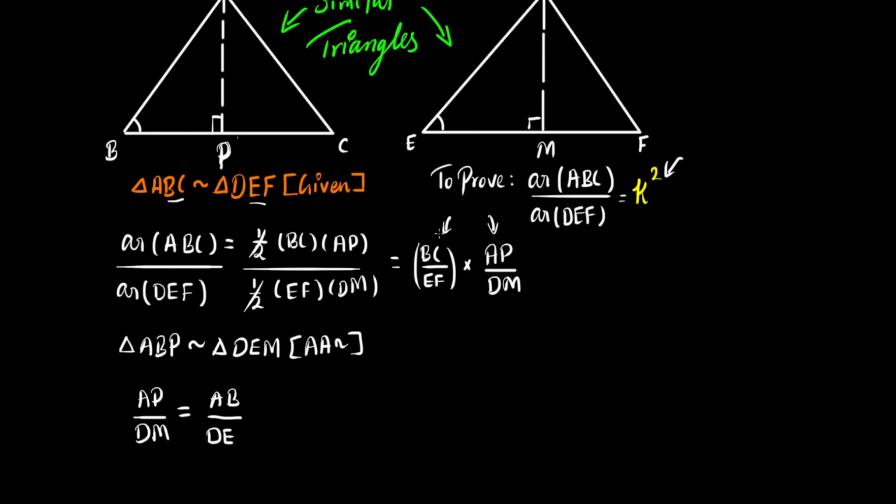Now we know that triangle ABC is similar to triangle DEF, so from equation 1, we find that BC by EF is equal to AB by DE, the same scaling factor.